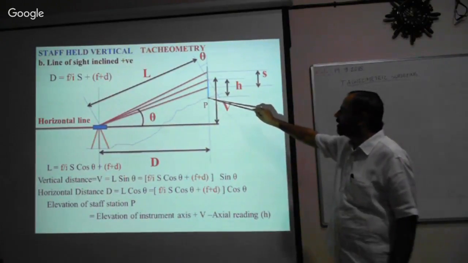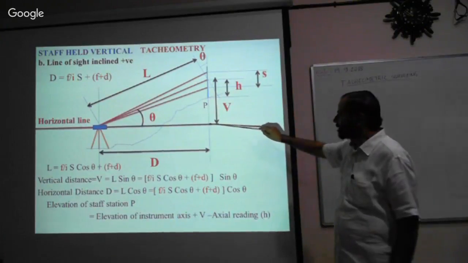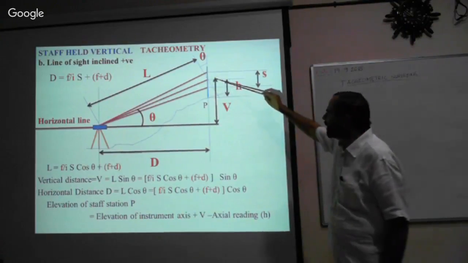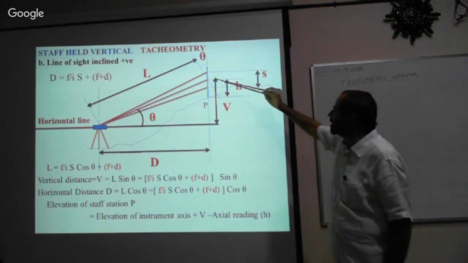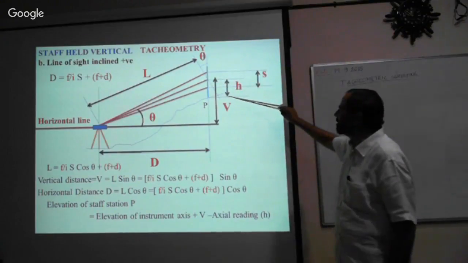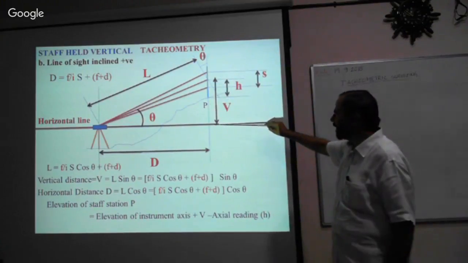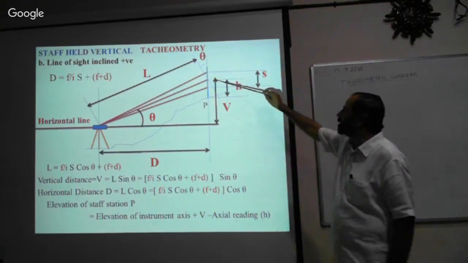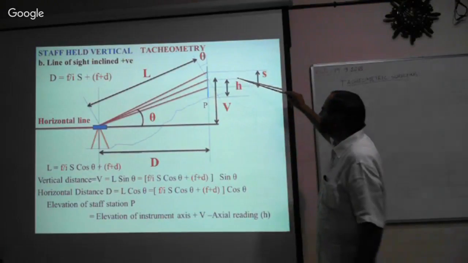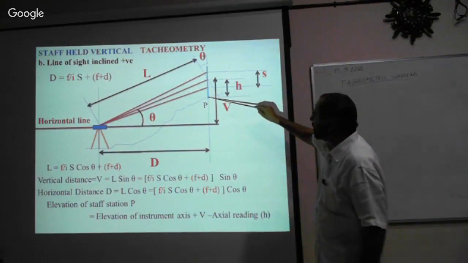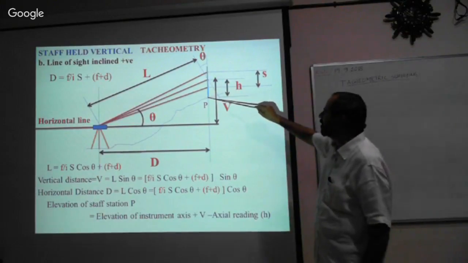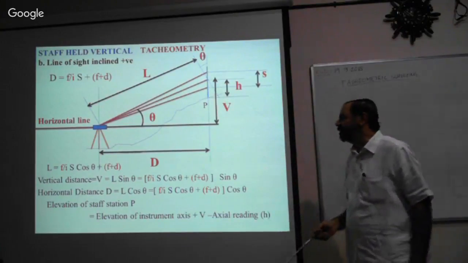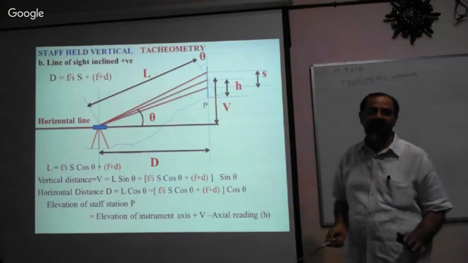That is the RL of the instrument axis, plus V, then minus H. That is the instrument axis elevation plus V, then minus H. Now this gives you the elevation of the object P. This is the simplest method, but one should understand carefully.